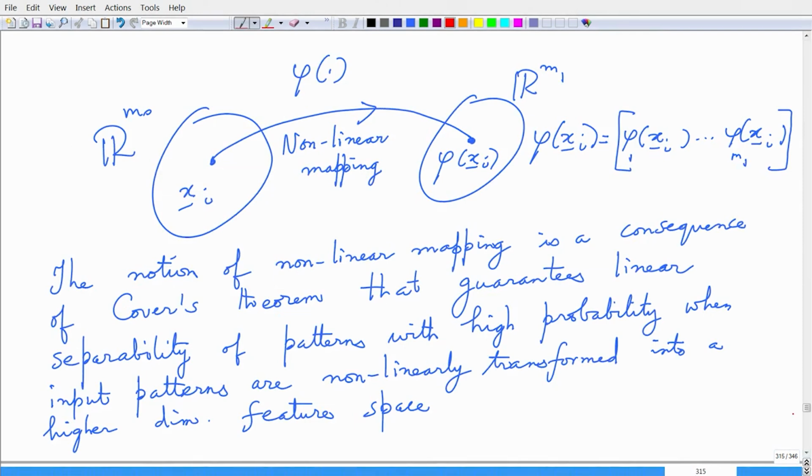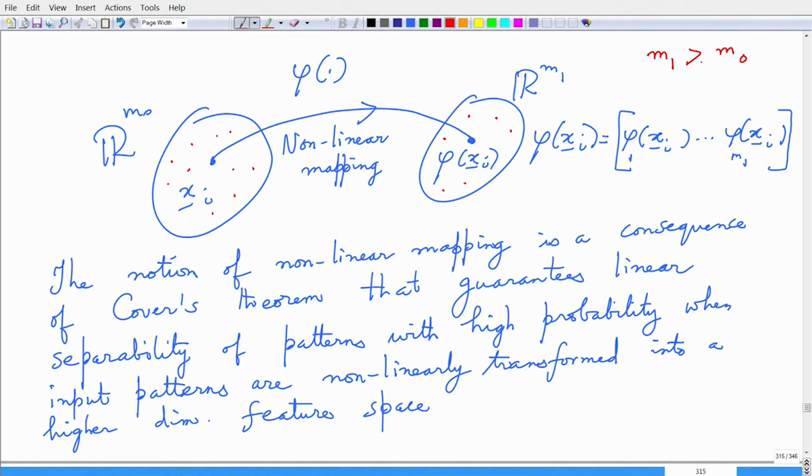So, this is how we can sort of visualize this mapping. We have a bunch of points in an M0 dimensional input space, and these points are non-linearly mapped to another set of points in an M1 dimensional space, and M1 we can assume is greater than M0.